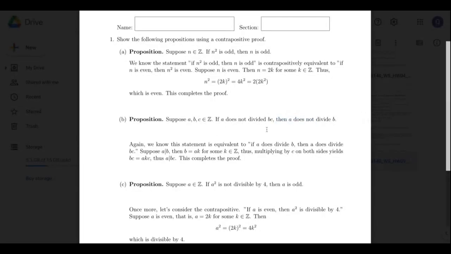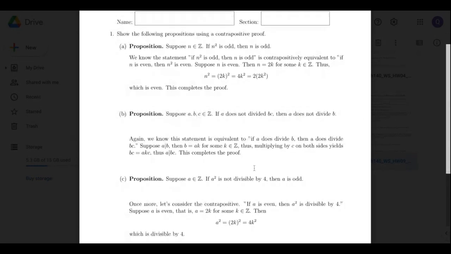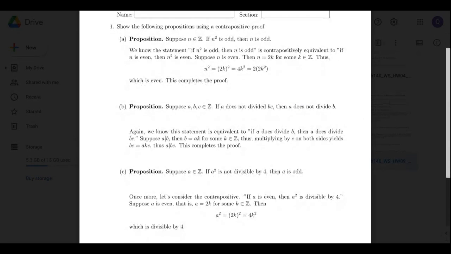Prove by contrapositive. That's the same as saying if a divides b, then a divides bc. Treating a does not divide bc as P and a does not divide b as Q, we negate Q to show negating P. Negating Q means a divides b, and we want to show a divides bc.